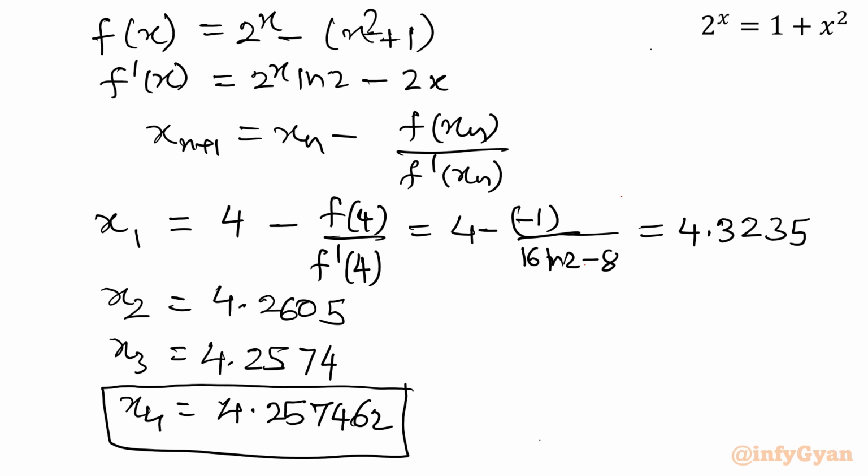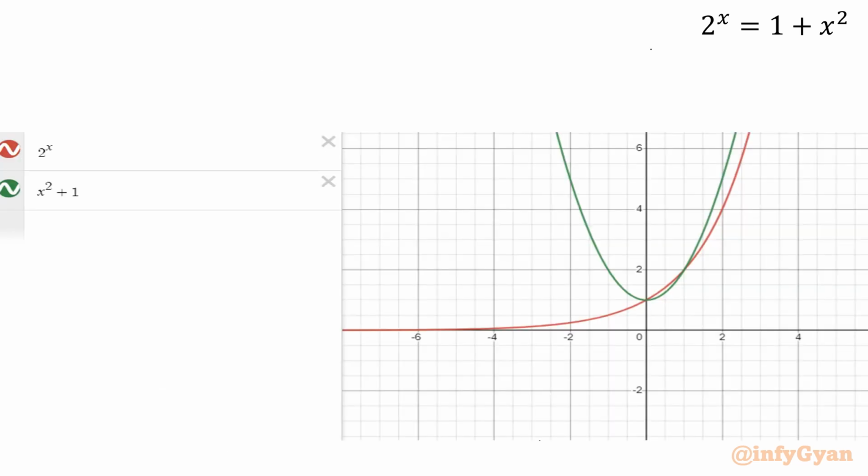And how is it happening? Let me draw it in the same color. This one is the quadratic, moving like that. Then this red exponential curve will come and intersect, and then cross like that. So this point, if you observe, is 4.257.